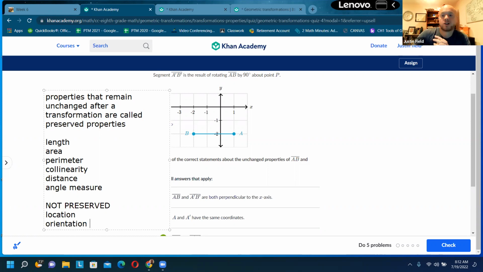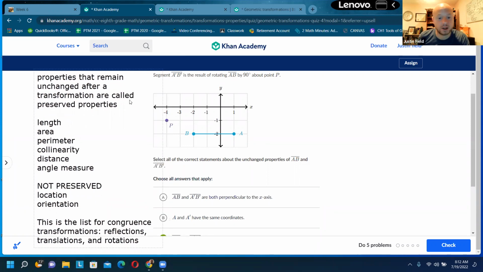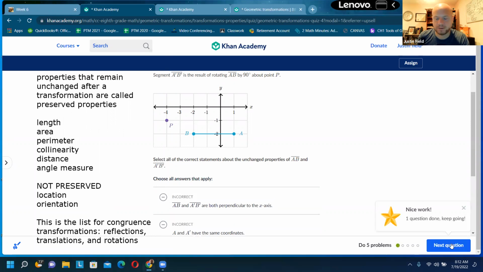This is the list for congruence transformations, which are reflections, translations, and rotations. Dilations are cool, but they're not congruence transformations. Okay, let's move on.